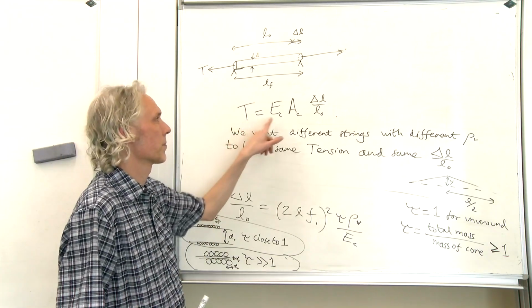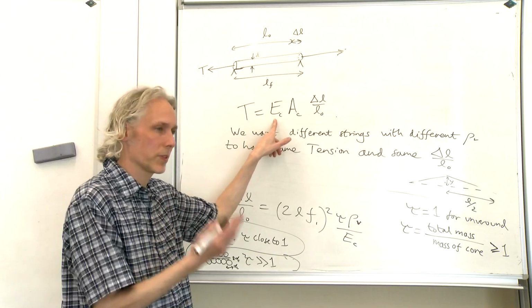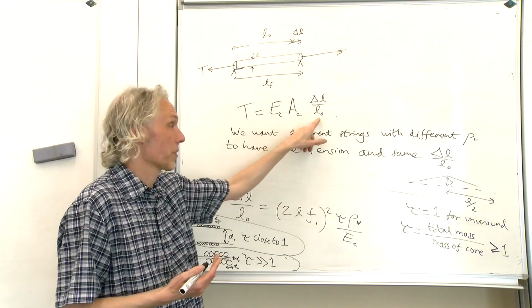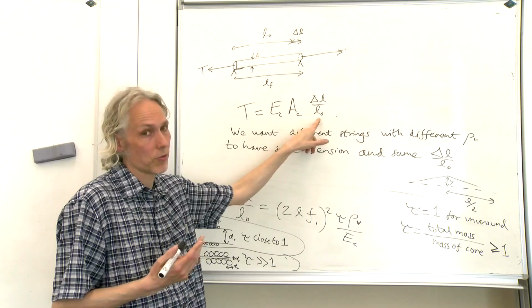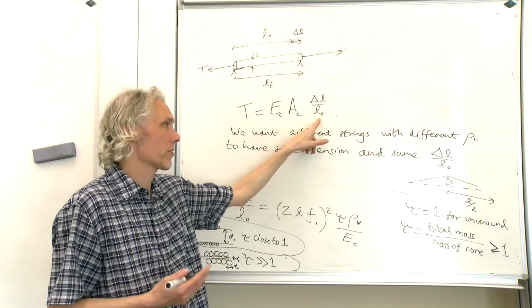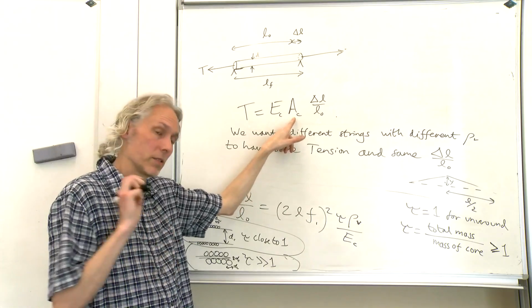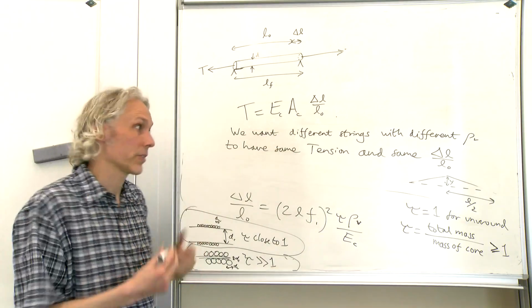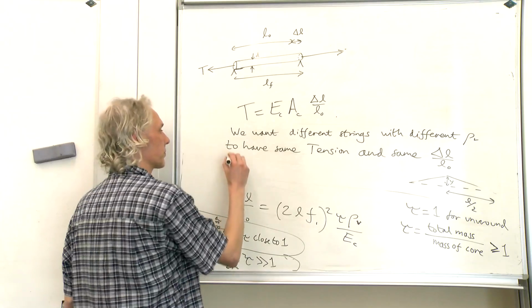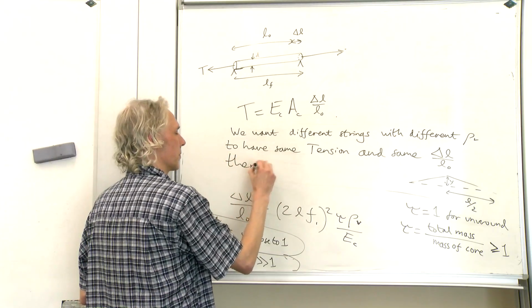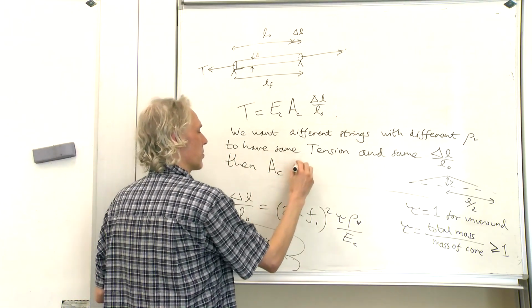If this is the same, E of the core is the same, so that's the property of steel. And that's going to be the same for these different strings. Delta L over L is the same for different strings, that's what we want. Then A of the core has to be the same. The cross-sectional area of the core has to be the same.